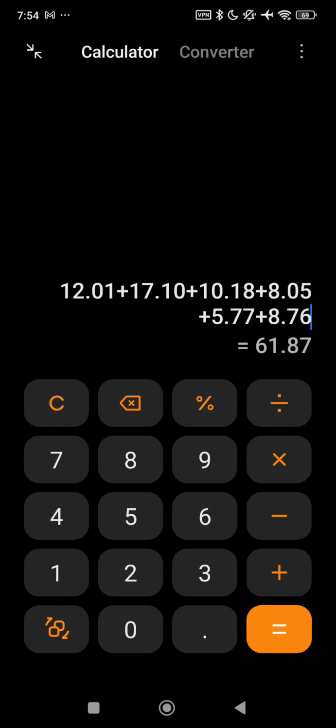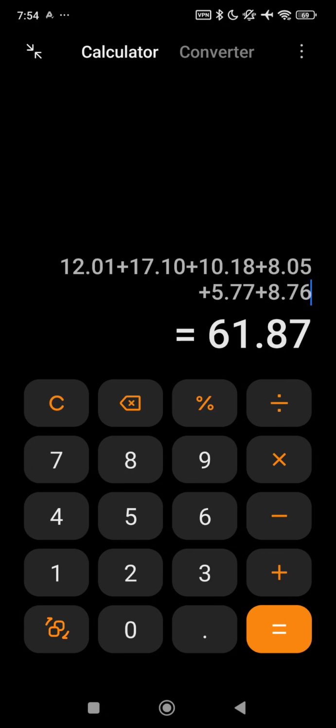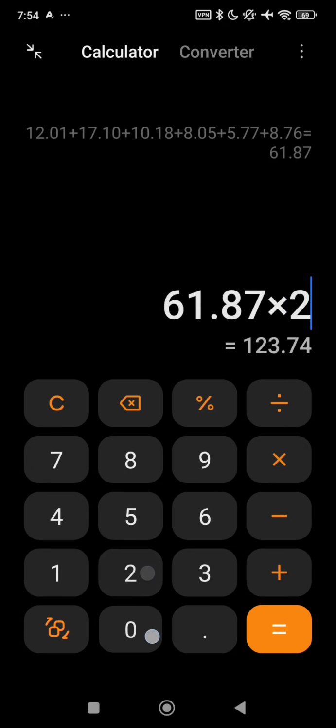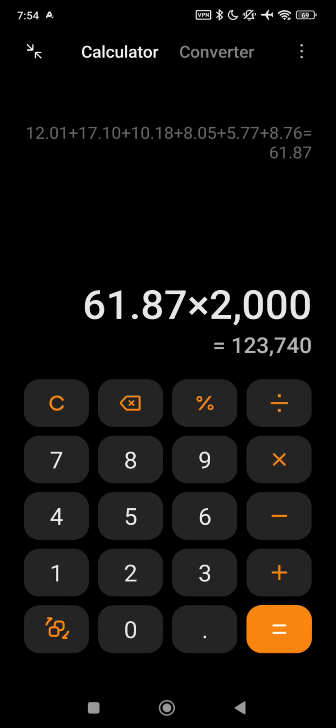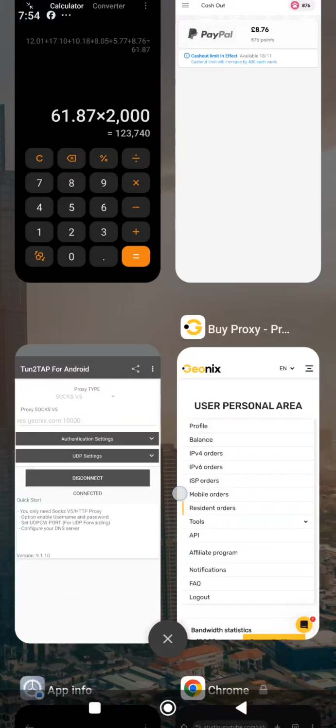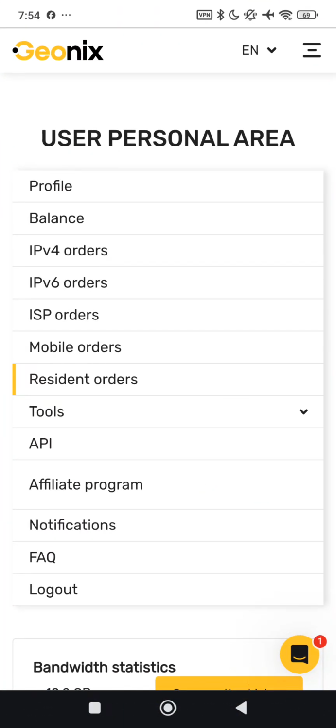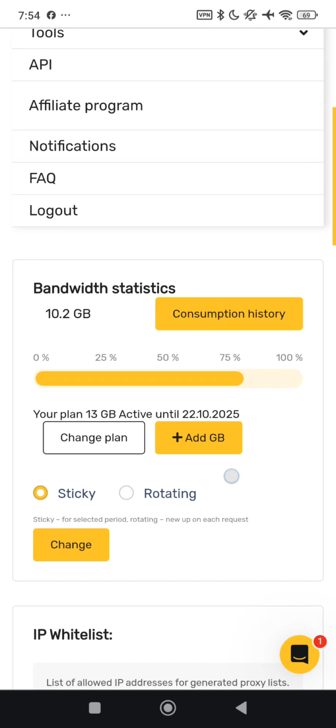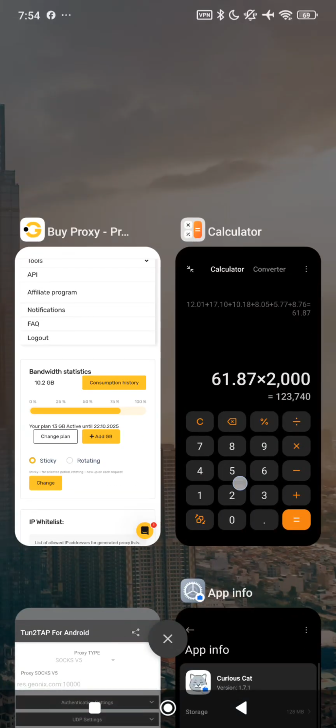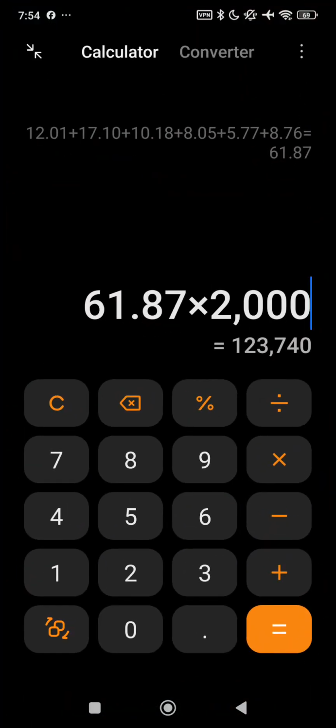So I've made 61.87 pounds in total. Let me just use 2,000 as the rate, so that's 123,740 with just this bandwidth, this 13 GB. Let's do some calculation.